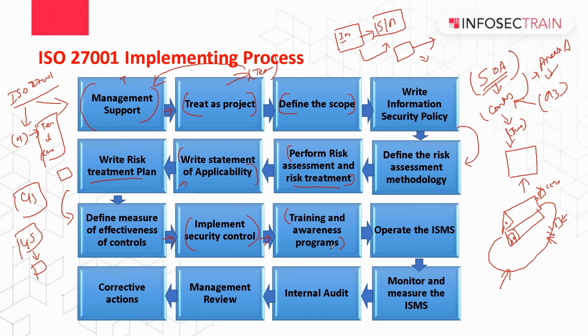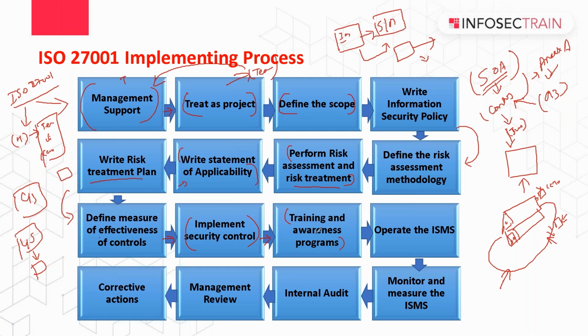So make sure all your employees are well aware of it. Who is going to provide the training related to that? Your lead implementer, or you can say the ISMS managers or management, is going to provide awareness training related to security and information security controls.